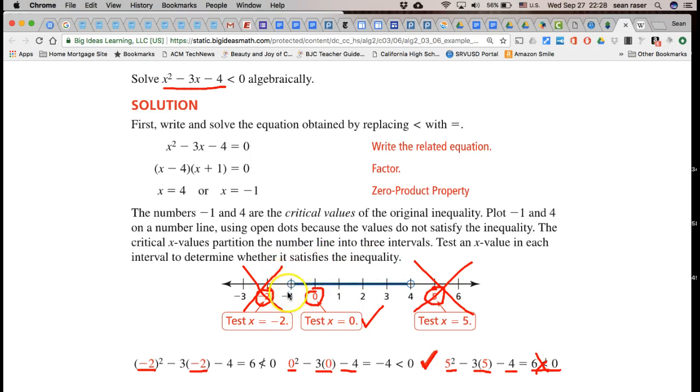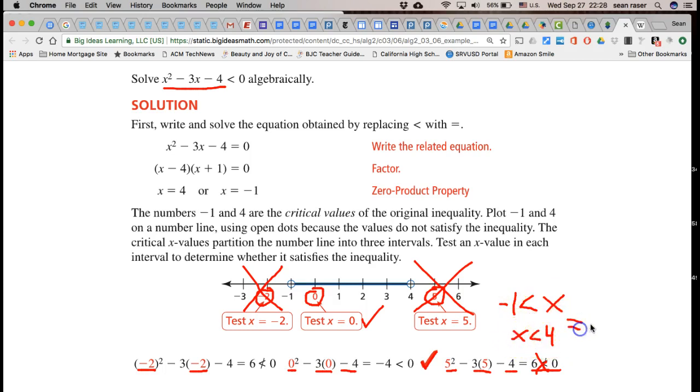In order to write out the answer to this, we got -1, so we know that x has to be greater than -1. And then we have 4. We know that x has to be less than 4. So x is greater than -1 and x is less than 4.